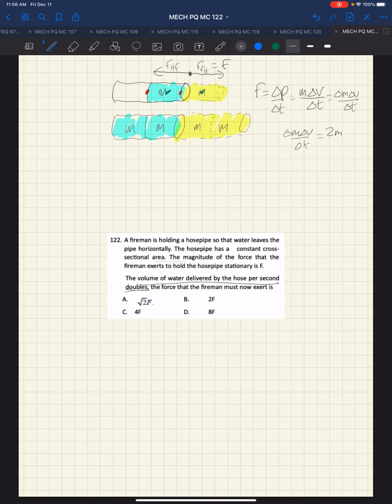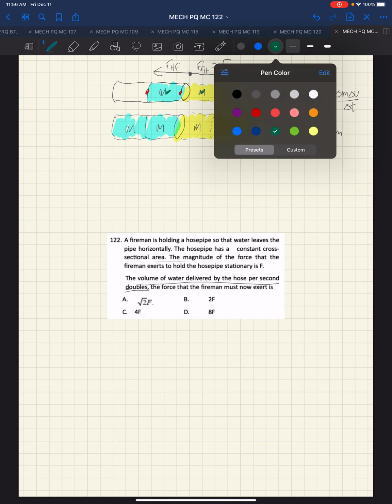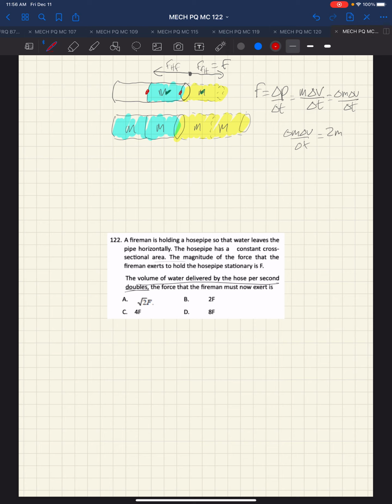But what is not obvious to see in this case is that this water molecule here has now moved to here, and this green water molecule that we might say is here has moved to here. So in the same amount of time, those molecules have moved twice as far. So the velocity is twice the velocity.